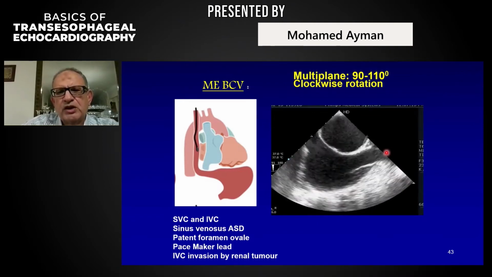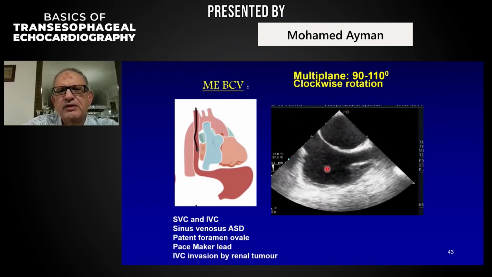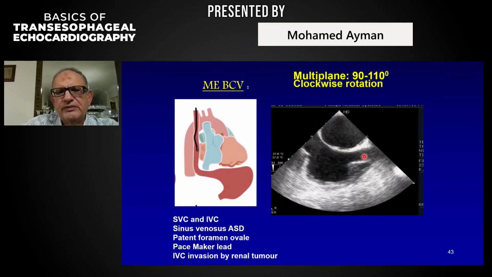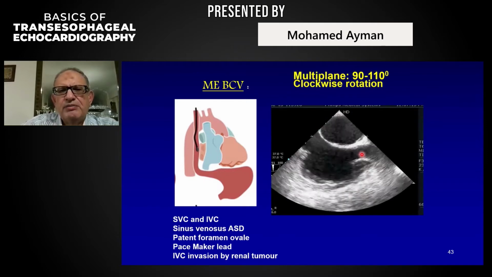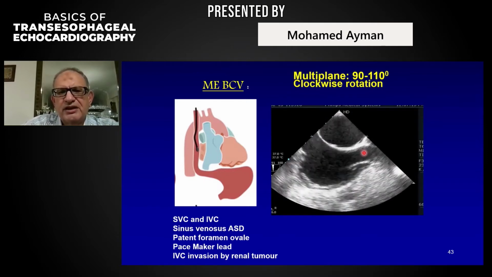So these are the two big veins draining into the right atrium, superior, inferior vena cava, interatrial septum, and the left atrium. This view is very important, particularly in patients with sinus venosus ASD.